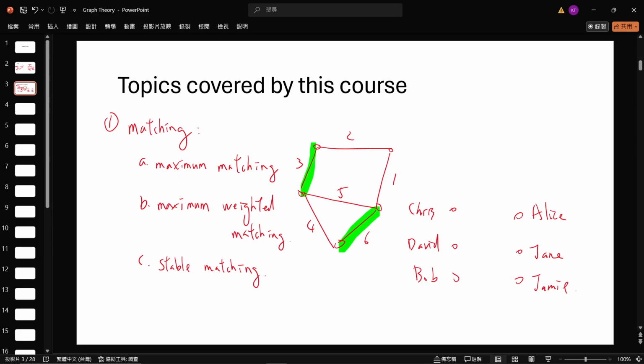I won't define what a stable matching is here, but I can show you that to find a stable matching, you have to use some additional information. Every client has to provide a preference list.